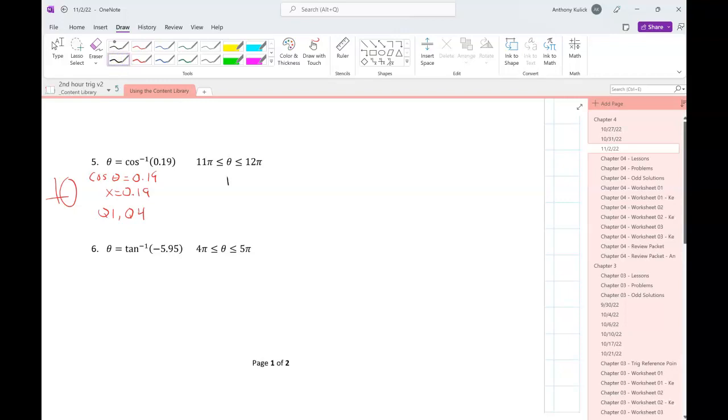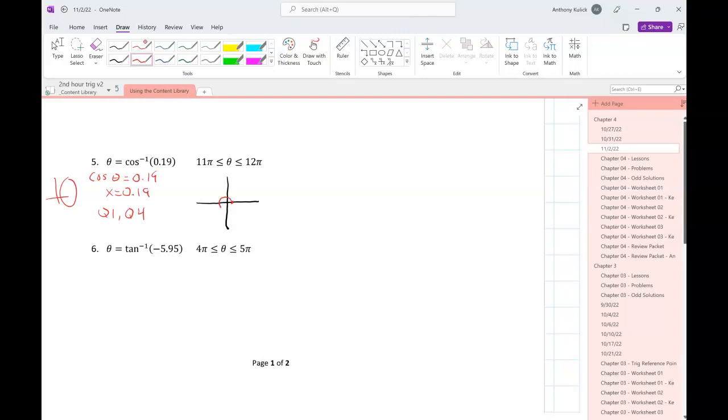Okay, I'm going to draw a picture now and figure out what quadrants are covered by the angles from 11 pi to 12 pi. So I always start on my positive x-axis. Because these angles, 11 pi and 12 pi, are positive, I rotate counterclockwise. If you didn't remember that, I'd put that on my note card.